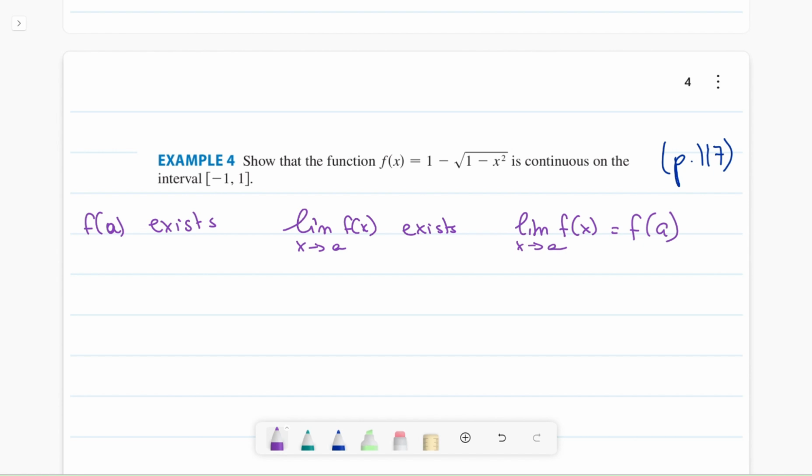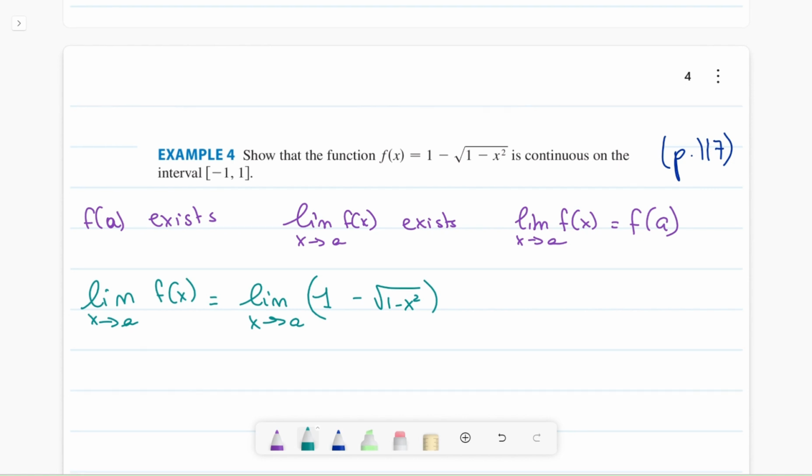So what we will do is find the limit of f of x as x approaches a. Let us find it. The limit of f of x as x approaches a is equal to the limit, we plug in f of x, so 1 minus the square root of 1 minus x squared as x approaches a.